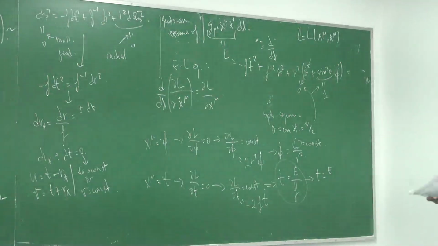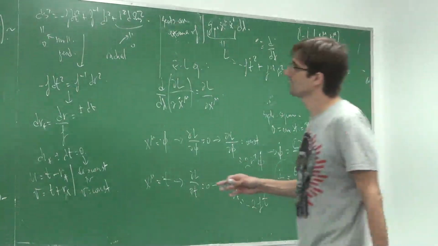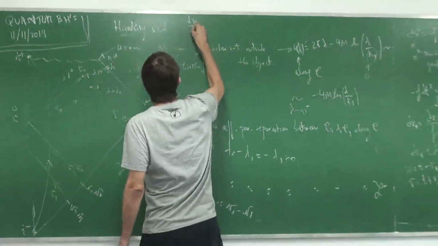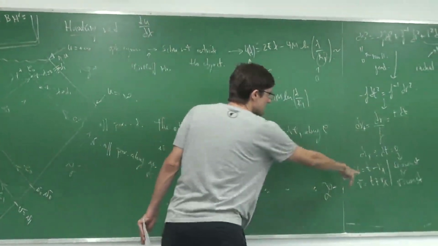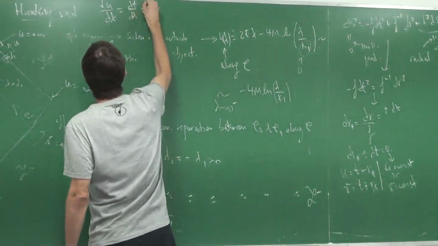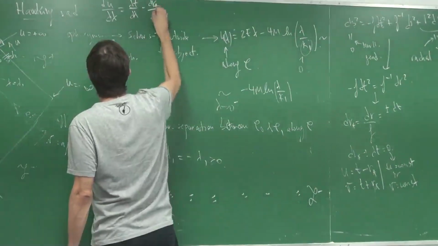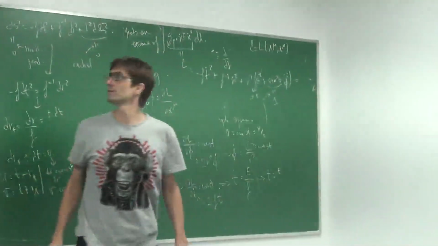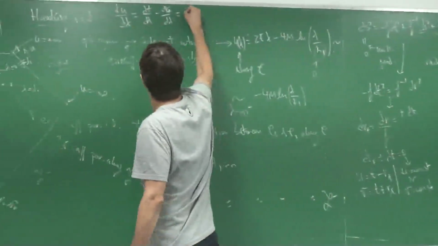So let's see. We're doing du d lambda, which is dt d lambda minus dr star d lambda. dt d lambda is t dot, so it's E over f.